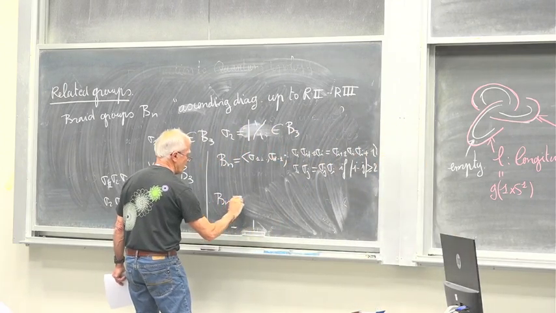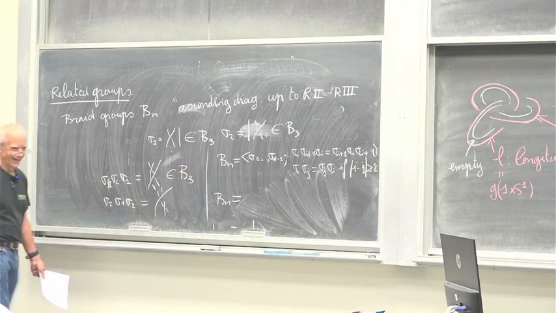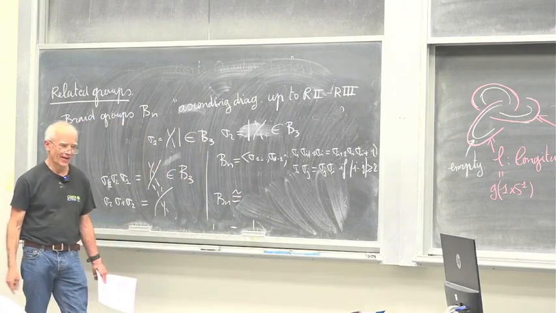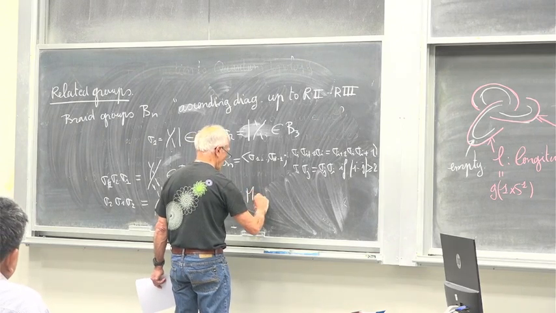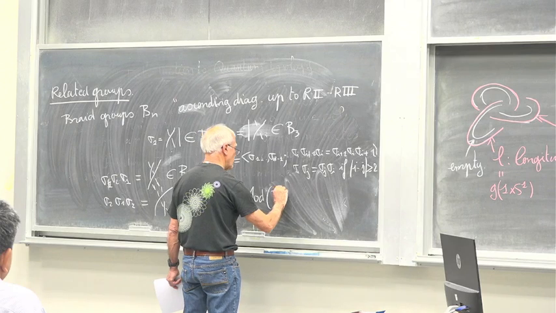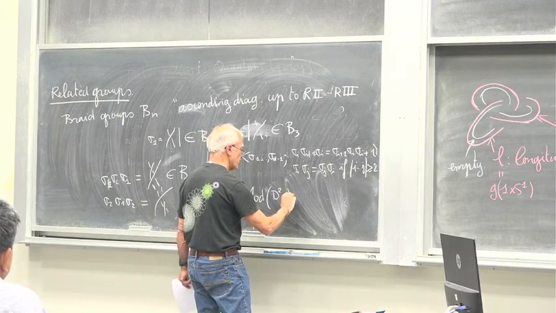I will be quick, but this is for Imran. It can be shown that this braid group is a mapping class group of D2 fixing a set of endpoints.